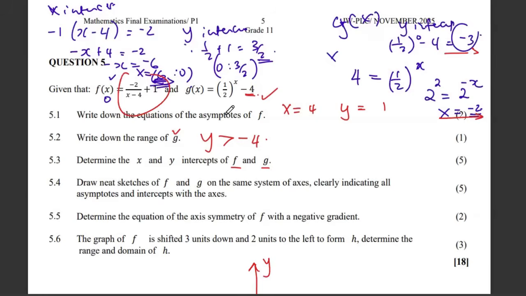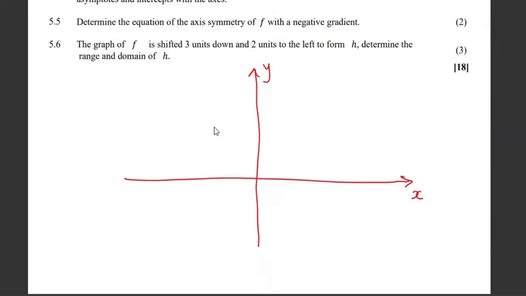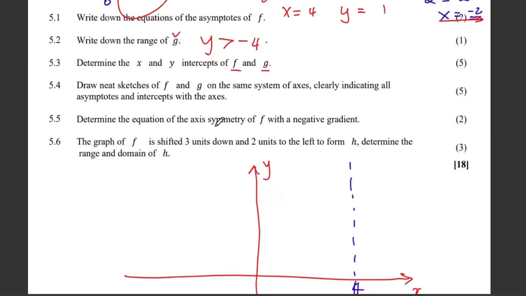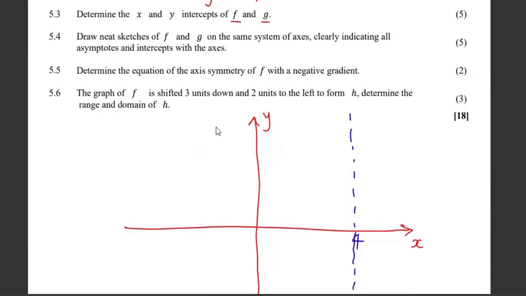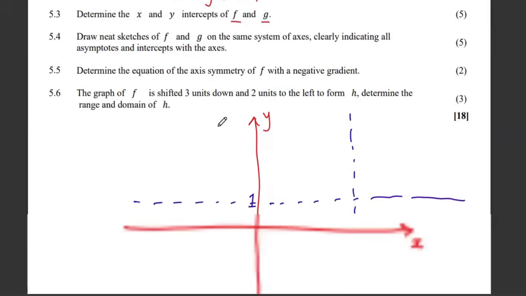So x is 4, which is somewhere there. And then y is 1, which is up here. And then the intercepts we got, remember our a is negative, so it should be quadrants 2 and 4.